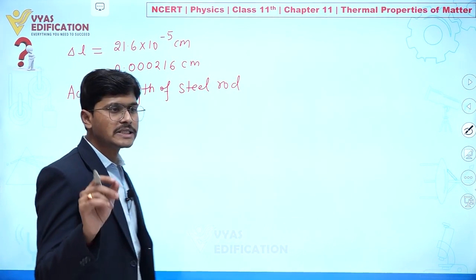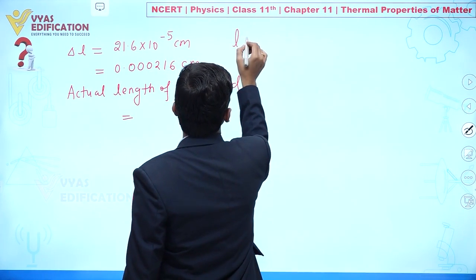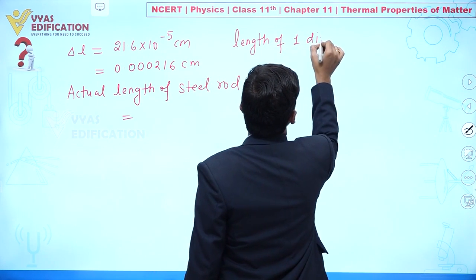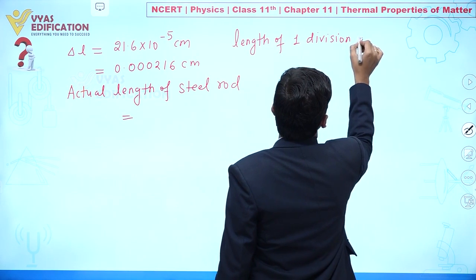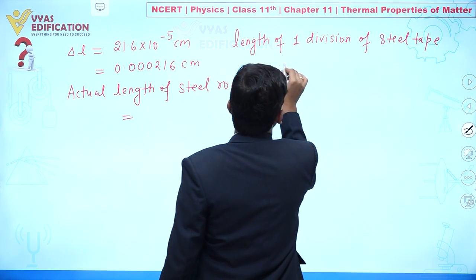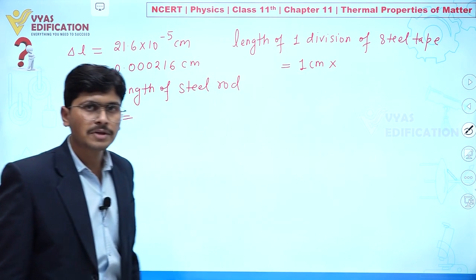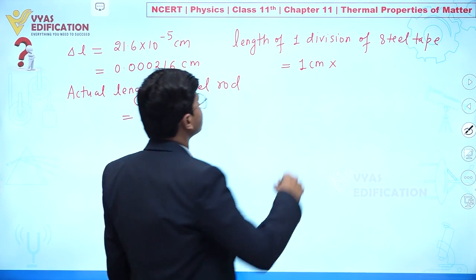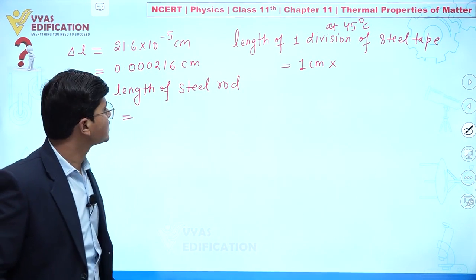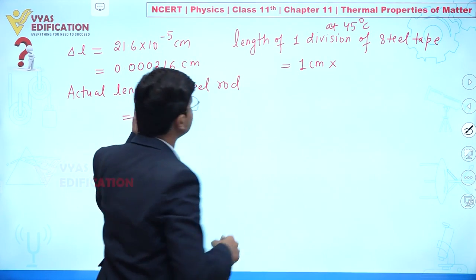Clear? Now we know, actually we find here, this is elongation in steel tape, one division of steel tape. So actually what is length of one division of steel tape? Actually we know at 27 degrees Celsius this is equal to 1 centimeter, but at 45 degrees Celsius we have to add this elongation also.